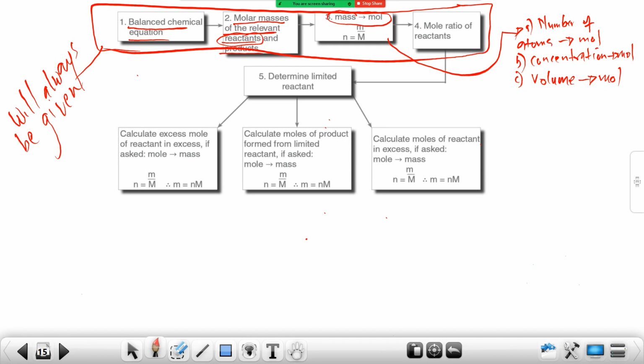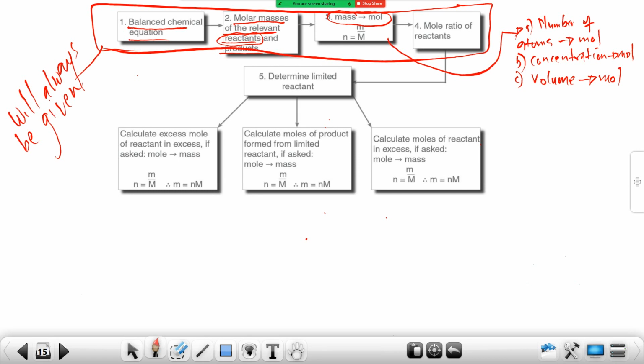Why do I say it will always be given? The concentration of this is equal to this, in a volume of that. Calculate the number of moles. That information is given. The mass of X is 25 grams. You check now the molar mass, you get the number of moles.